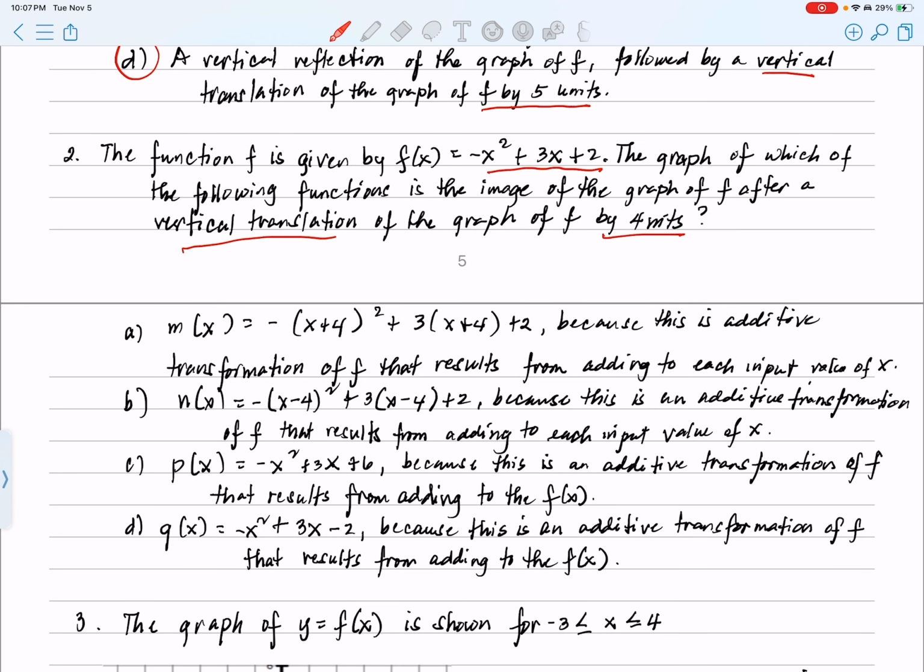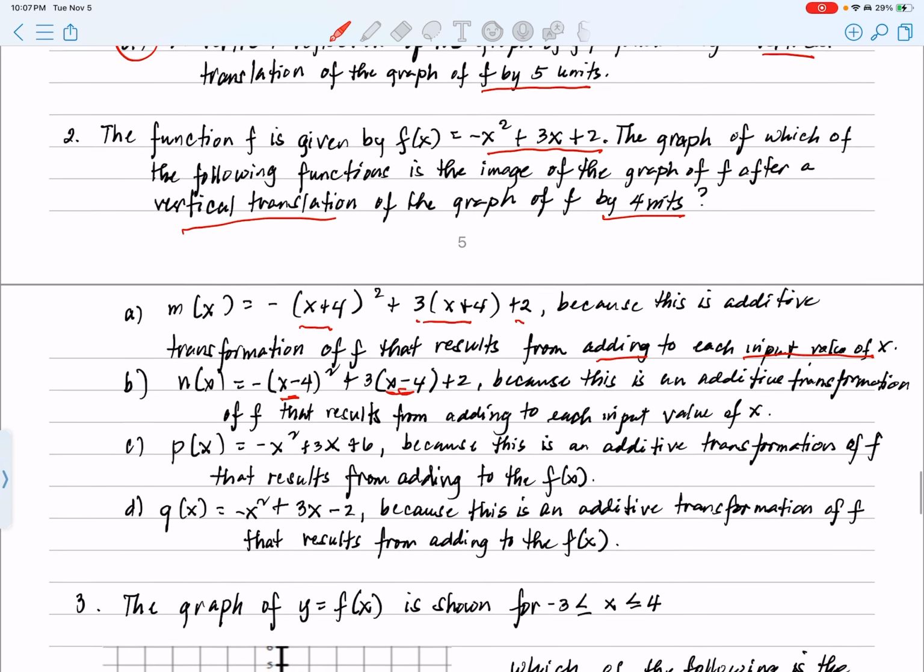So m of x is negative x plus 4 squared plus 3 times x plus 2 because it's additive transformation, the result of adding to its input values. No. n of x is negative x minus 4. It's the one that is x minus 4 because it's the additive transformation of f that results in adding to its input value of x. That's not the right answer.